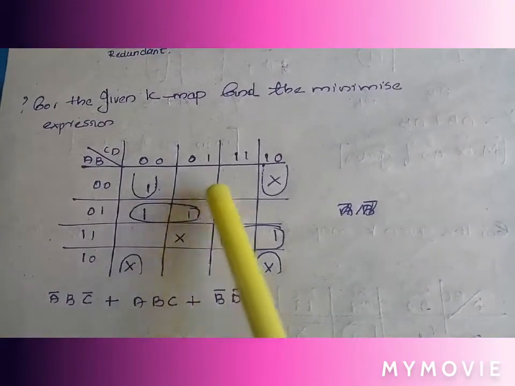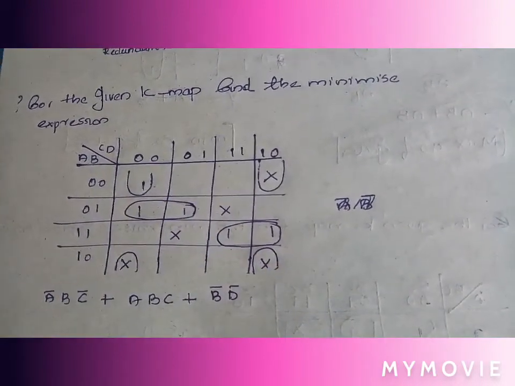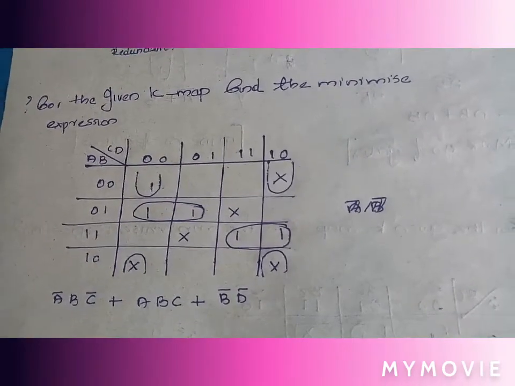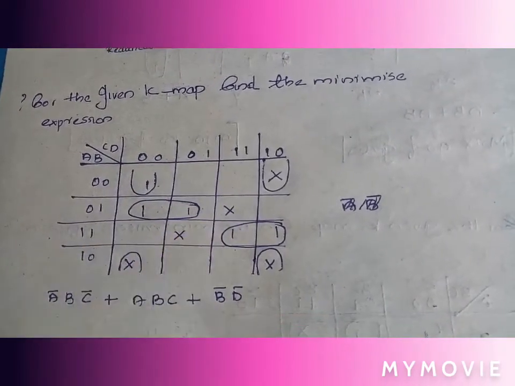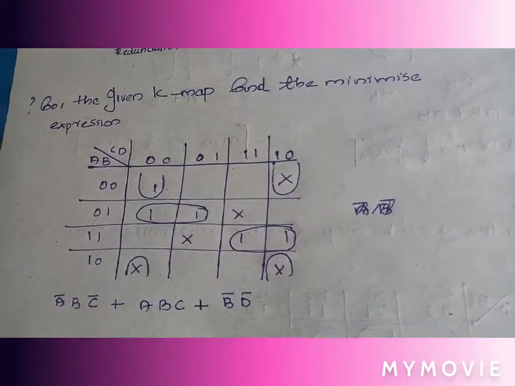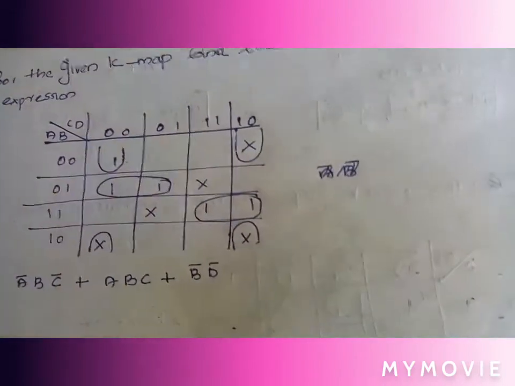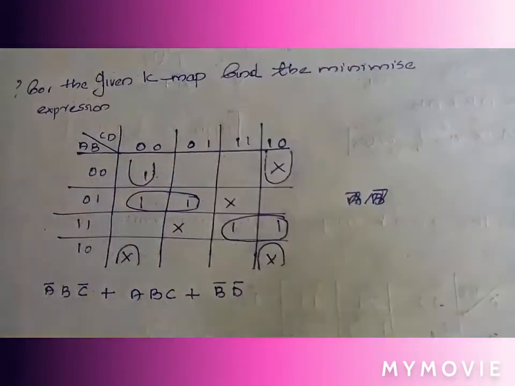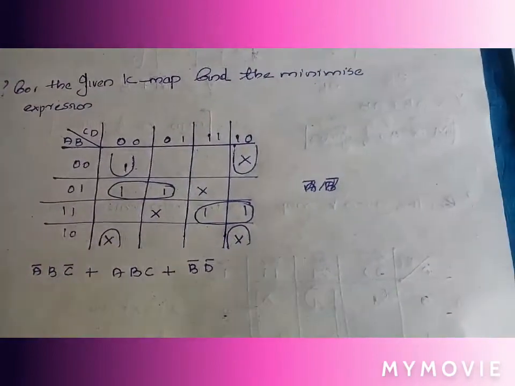So these two don't care conditions are not useful for this answer, so we just neglect them. A don't care condition can be taken as either a 0 or a 1. If it is useful, you can select it, or else neglect it. Okay.